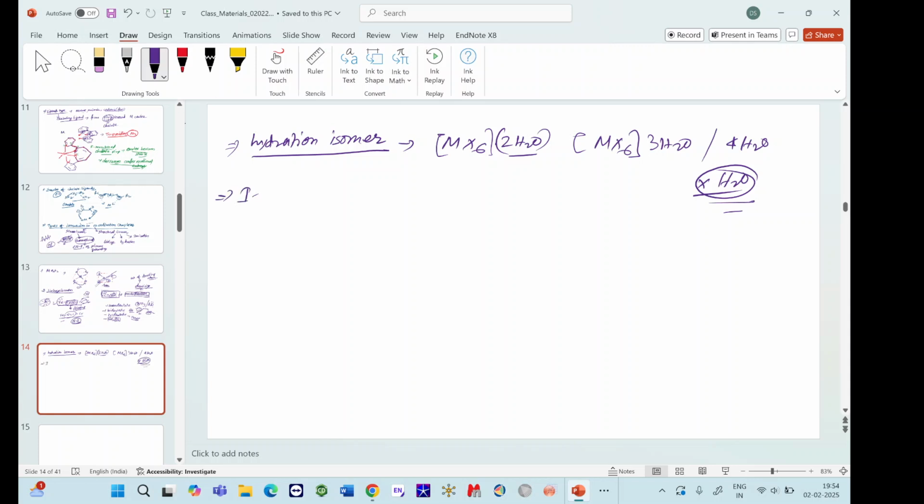Then you have ionization isomerism, where you will have different ions satisfying the primary valency.